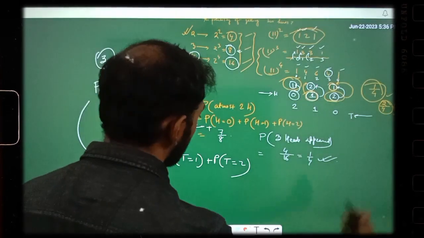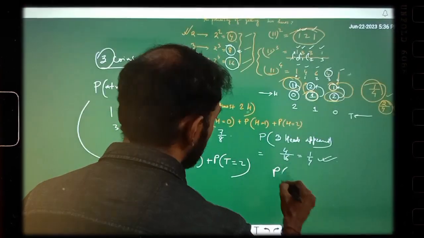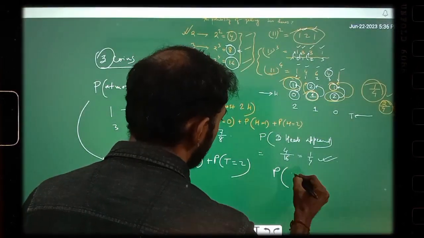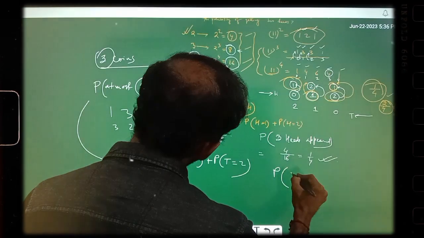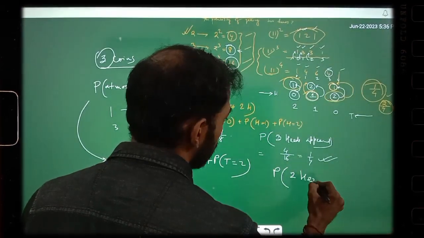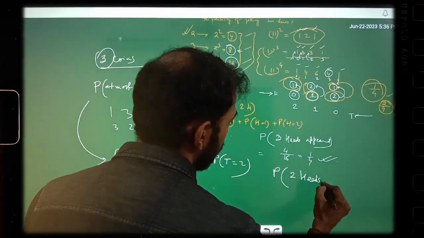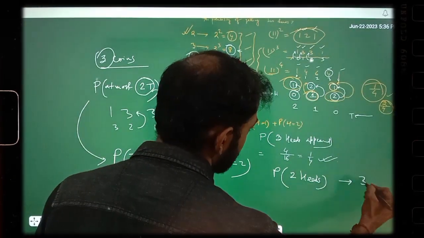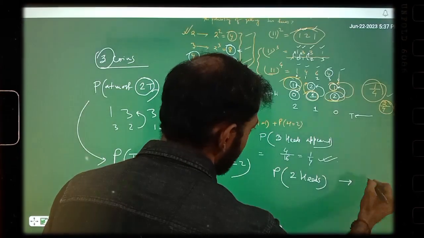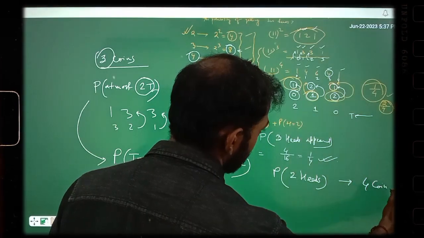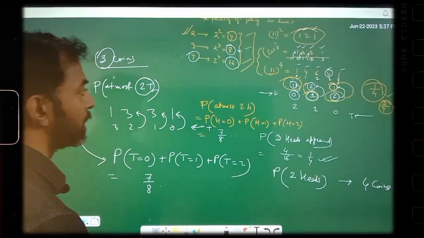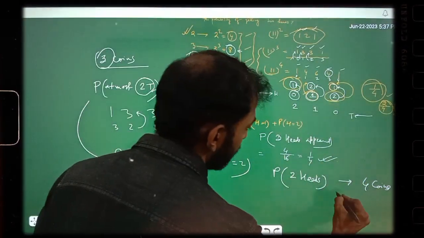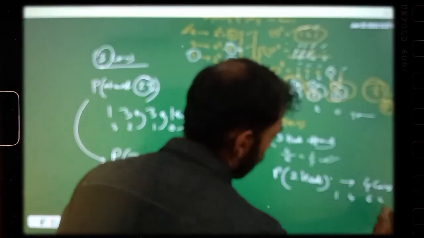Now take another example. Probability of obtaining 2 heads when 4 coins are tossed simultaneously. In case of 4 coins, we need to write 1, 4, 6, 4, 1.